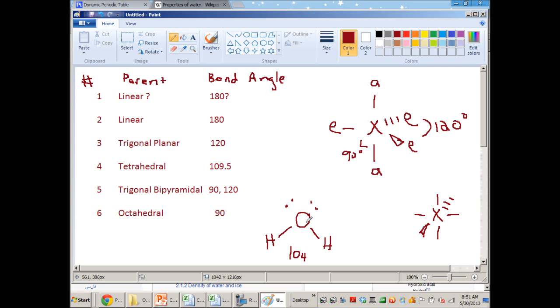And even if you had just a single electron occupying an orbital, an unpaired electron, which is called a radical, that orbital would still be fatter and take up more space than a bond would.